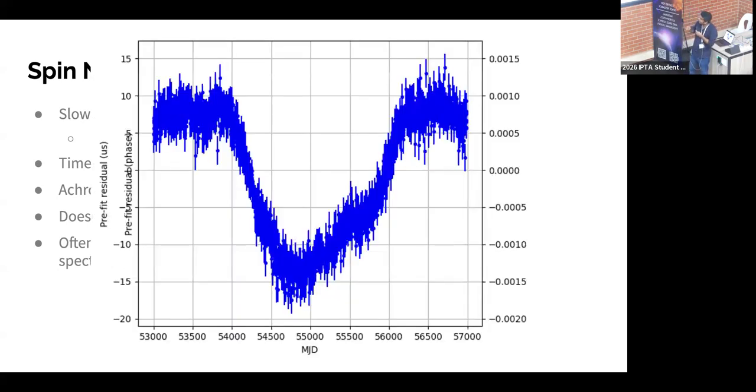So this is what spin noise looks like. This is very strong spin noise, but this is what spin noise looks like in timing residuals. You would see the slow wandering of these TOAs, which are correlated across time.